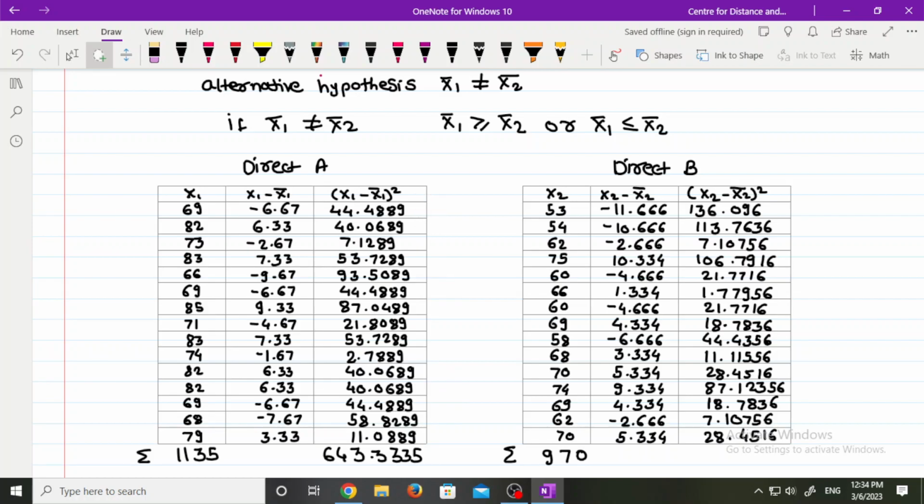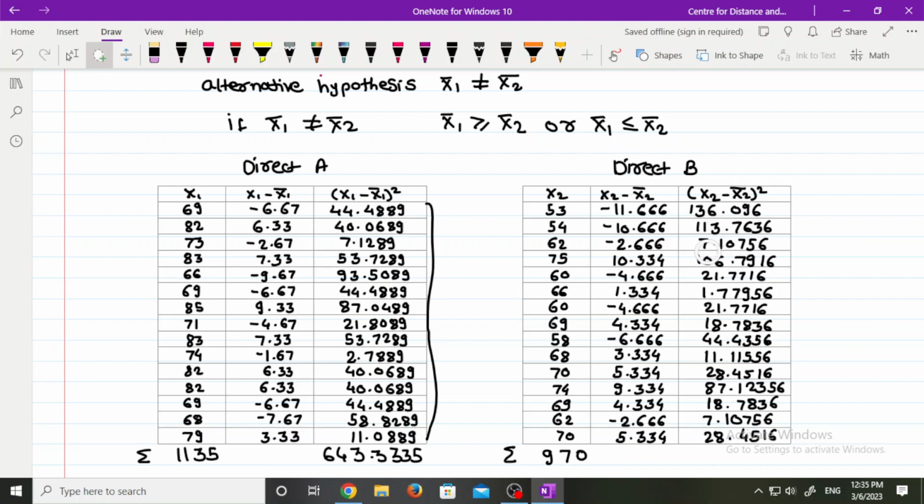That is, we add all these values: 44.4889 plus 40.0689 plus 7.1289 up to plus 11.0889. When we add all these terms, we get 643.3335.